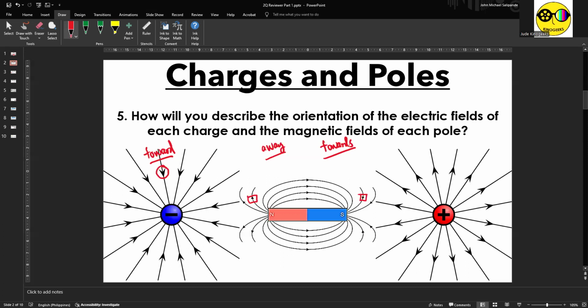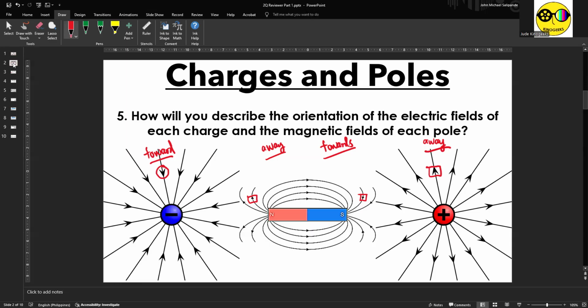By contrast, for the positively charged species, the electric fields are oriented away from the charge, which is opposite to the ones that we discussed with the negative charge.